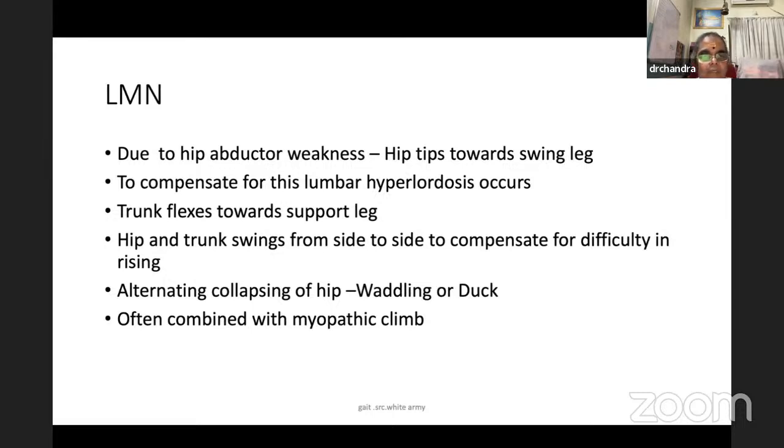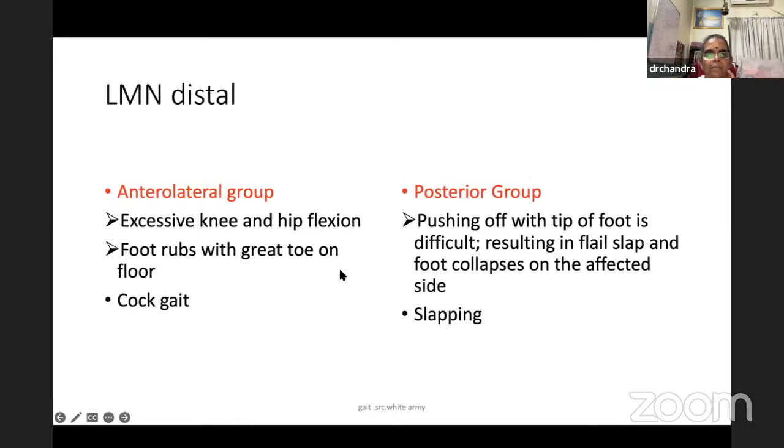So you get lumbar lordosis, flexion and tilt to one side. And the hip and trunk swing from side to side to compensate for difficulty in rising. And alternating collapsing of the hip, or waddling or duck gait, happens due to hip abductor weakness. And there can be a combined involvement of several muscles resulting in what is called a myopathic climb.